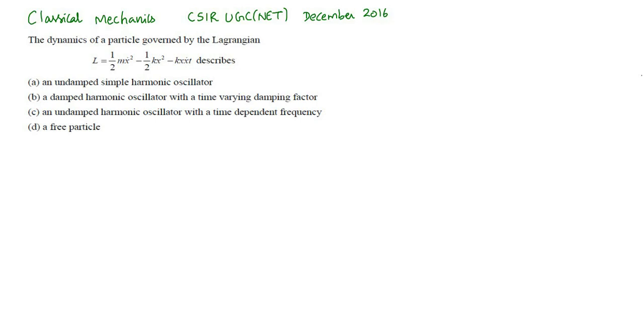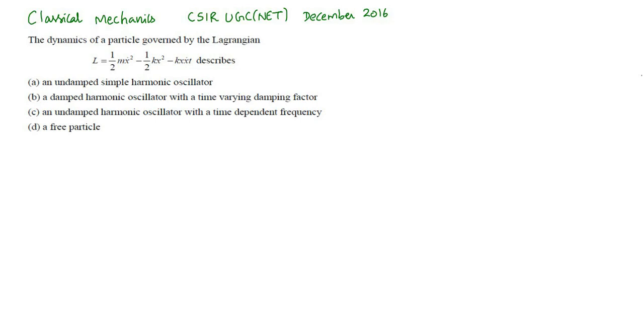Classical mechanics problem, CSIR question, December 2016. The dynamics of a particle governed by the Lagrangian L equal to half m x dot square minus half k x square minus k x x dot describes the following. Four options are given, and we have to choose the correct one.